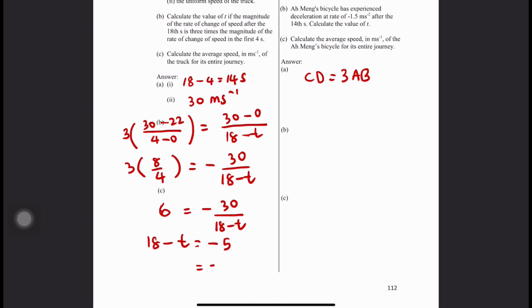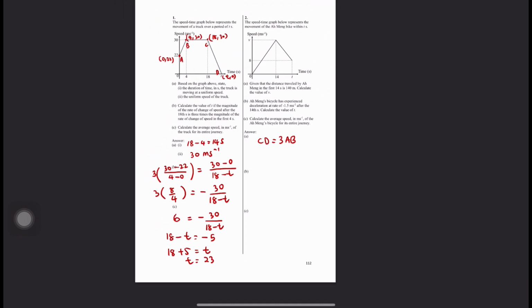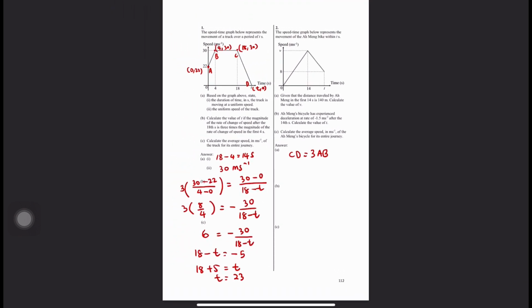Okay, so kita nak t kan, so t is equals to 18 plus 5. So t is equals to berapa? 18 plus 5, 23. Okay, itulah maksud t. Okay, so ayat dia ni sikit lah. Okay, so kena hati-hati. Okay, so next is C.